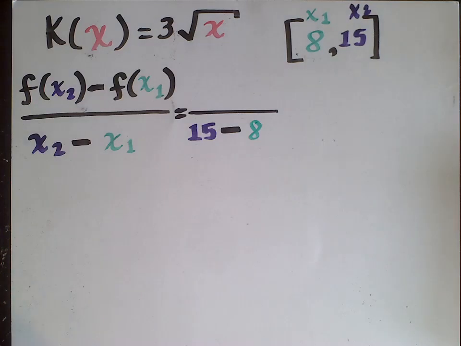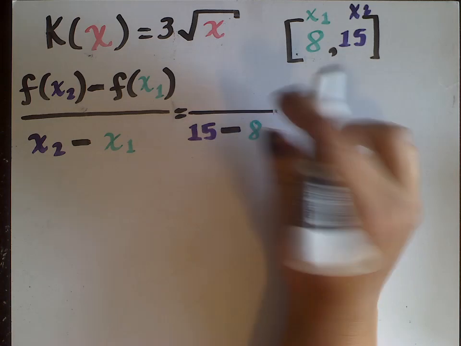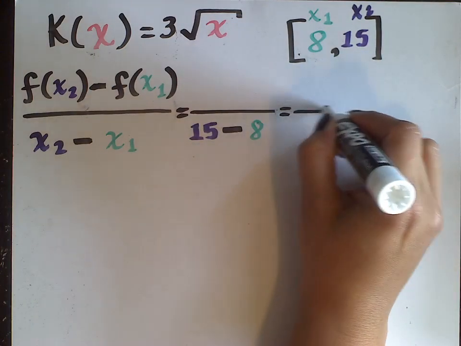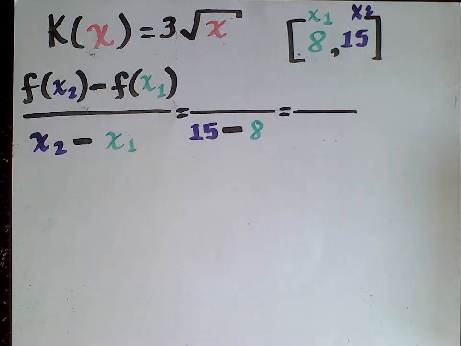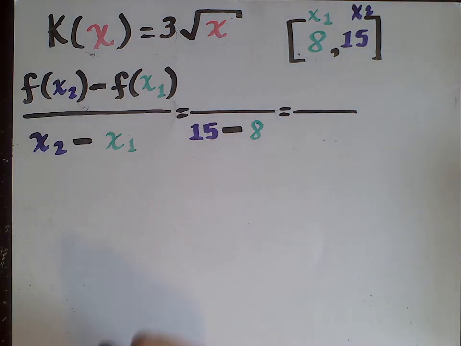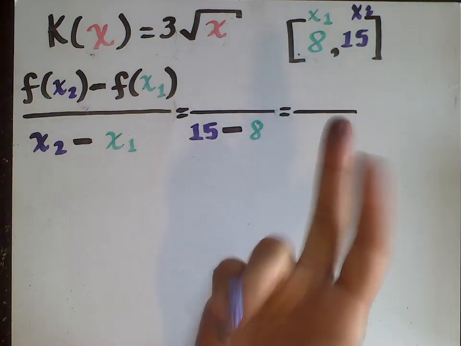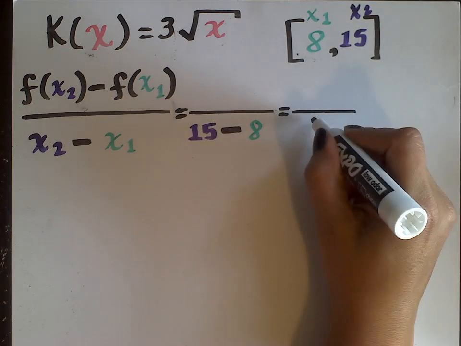There we go. Now, of course, 15 minus 8, if you need to use a calculator, no judgment here. It's been a very long summer already. I could even use my fingers and count up: 8, 9, 10, 11, 12, 13, 14, 15. It's going to give me 7.